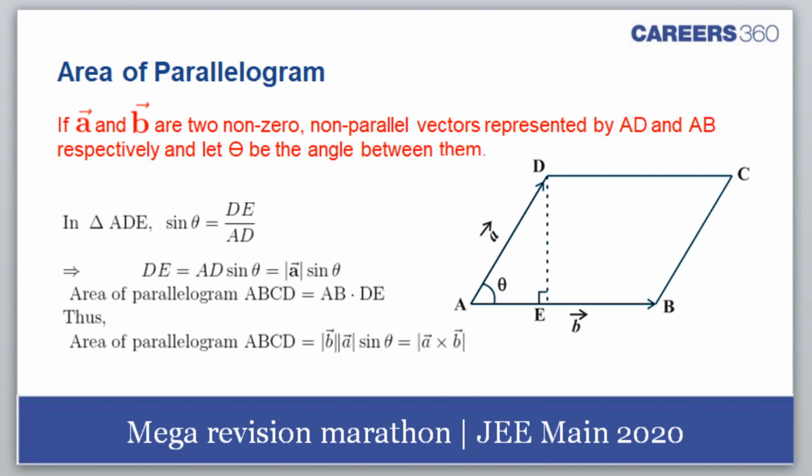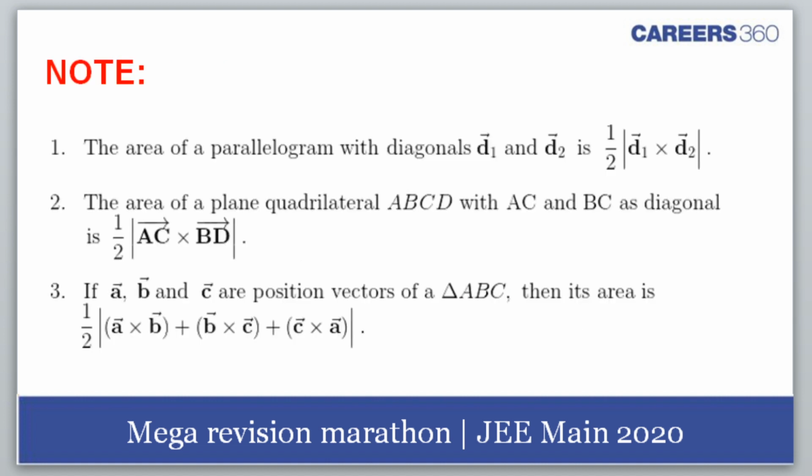Okay, so this is the area of a parallelogram. I hope everybody understands. That is A cross B. Achha, by the way, is area a vector quantity or a scalar quantity? Tell me, students. Area of a parallelogram, area of any figure, is it a vector quantity or a scalar quantity?